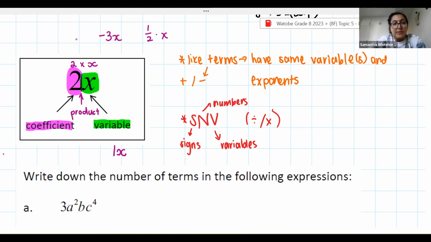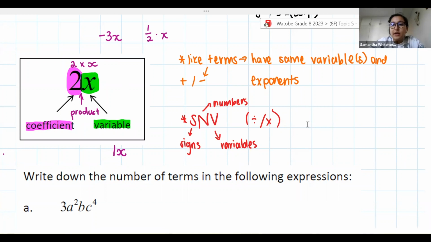Sometimes that coefficient is a number that we write down, but sometimes it is a coefficient of 1. That is very important when I start adding and subtracting like terms again, because if we've got 1x and we're adding it, for example, to 2x, we're going to end up with 3x in total. So it's always very important to understand what our terms are saying to us.